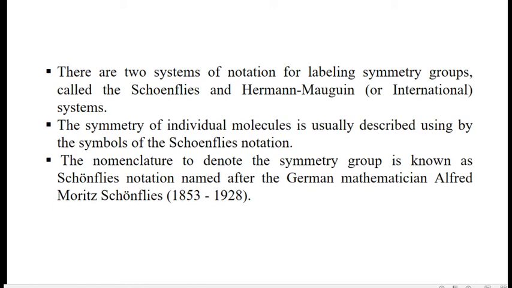If the molecule has some symmetry, then it is identified or recognized by using the Schoenflies notation, which is the symbol. The nomenclature to denote the symmetry group was first introduced by the German mathematician Arthur Moritz Schoenflies, and from the name of the scientist it is known as the Schoenflies notation.